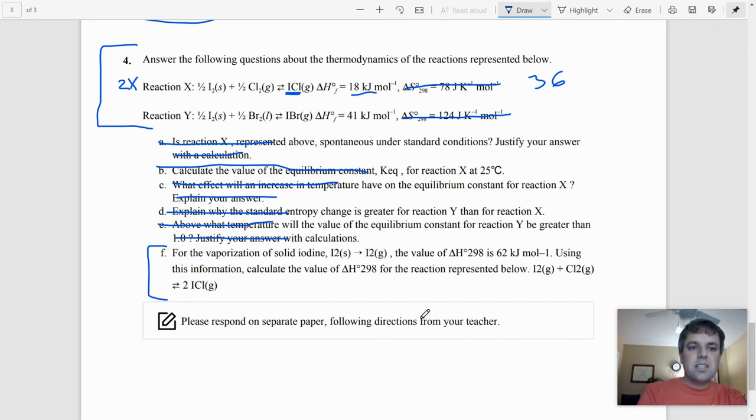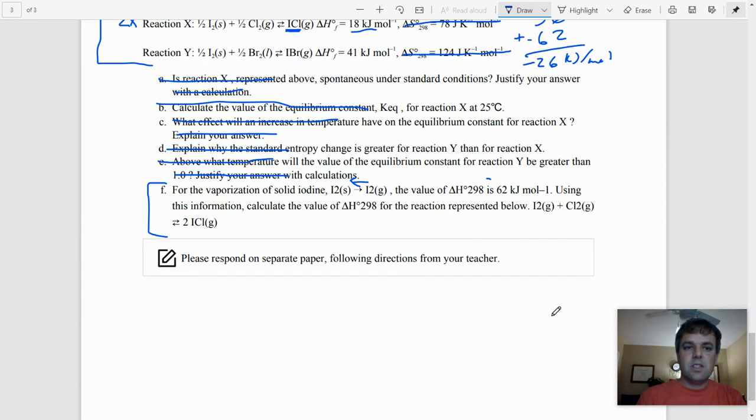So we need to take this reaction and reverse it, and that would change the sign to negative 62. So 36 plus negative 62 equals negative 26 kilojoules per mole.